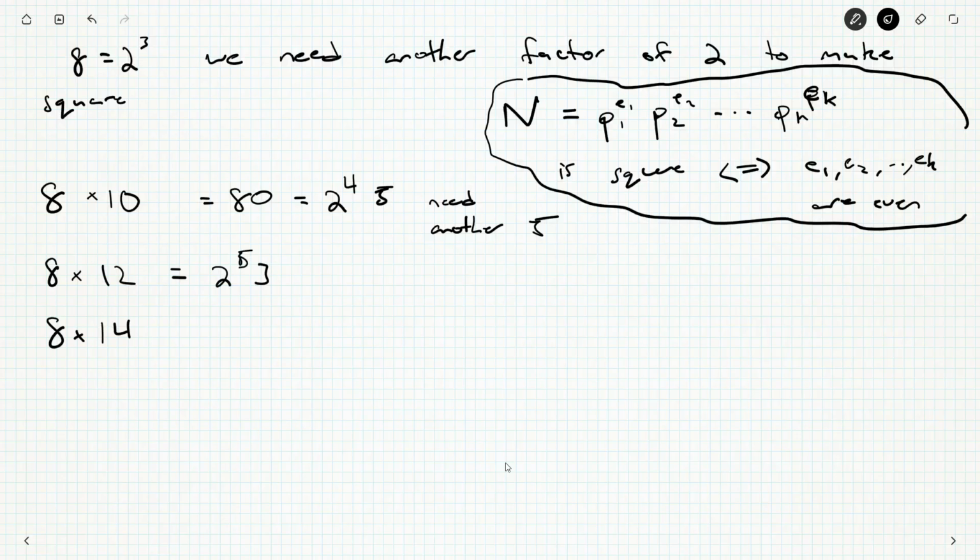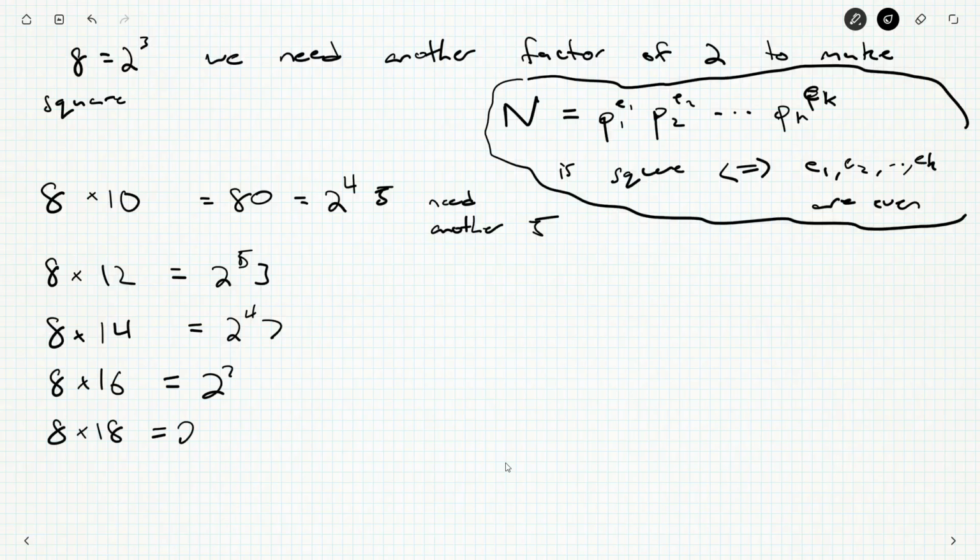How about 14? Well, you're going to have sort of the same problem. You get 2 to the 4, but you're also going to get a 7. You need another 7. Big problems. How about 16? Well, you've got 2 to the 7 there, and so that still needs an extra 2. Okay, so not good. How about 8 and 18? Well, here we go.